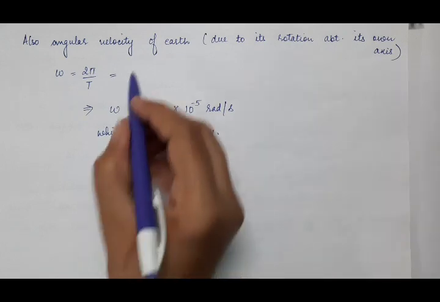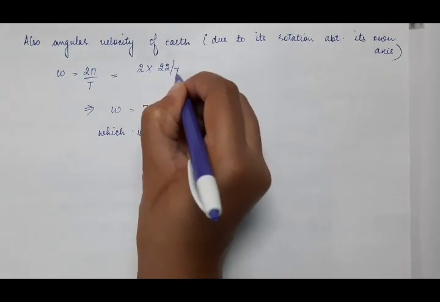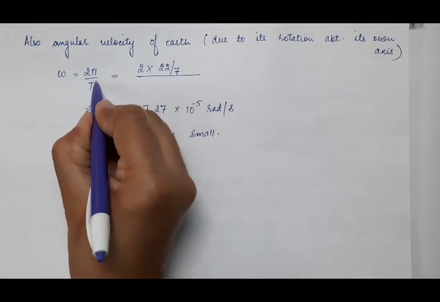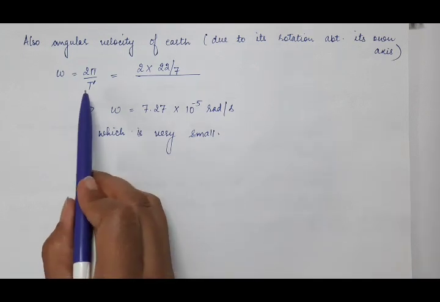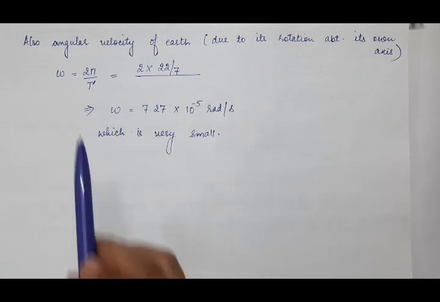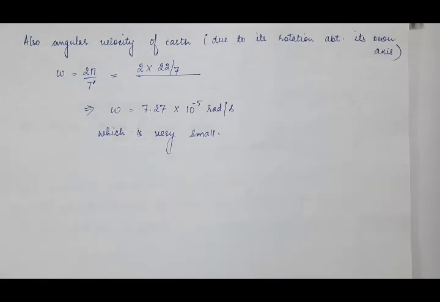So it is 2 into pi, which is 22 by 7, and what is capital T here? It is different. Suppose it is T dash, because we have taken this capital T on the previous page as the time period of one revolution of Earth around Sun. But now this T dash is the time taken by Earth to complete one rotation about its own axis, which is 24 hours.